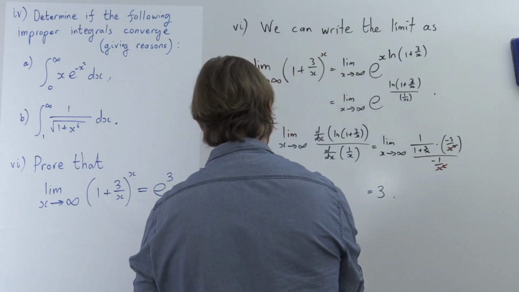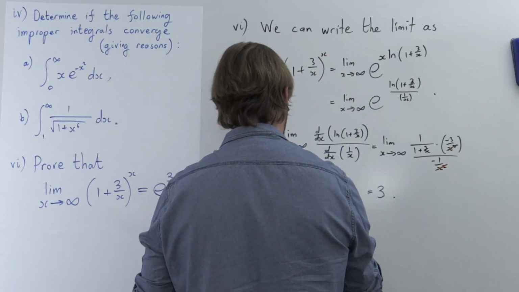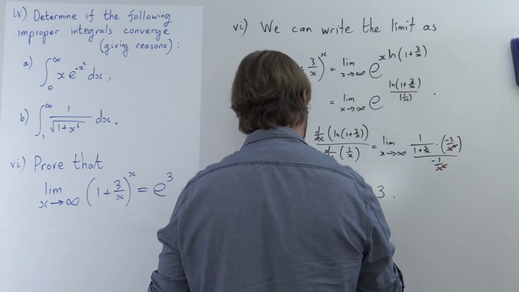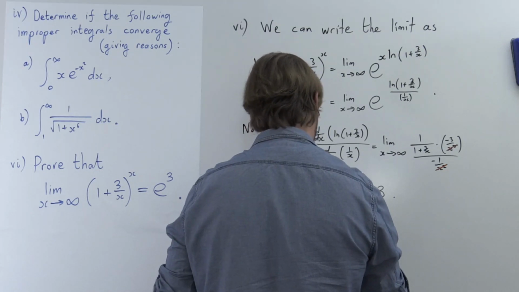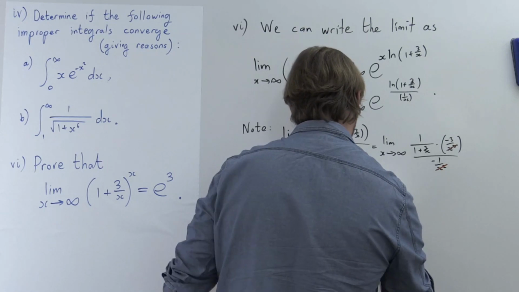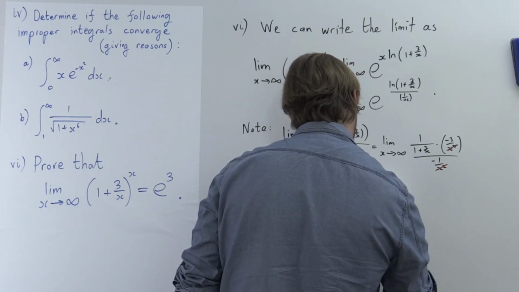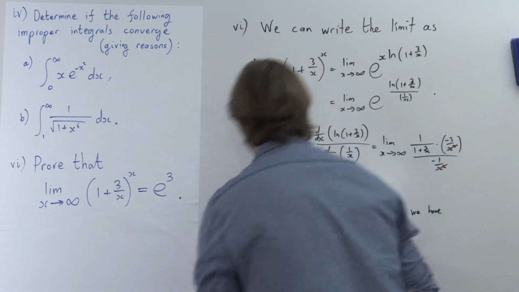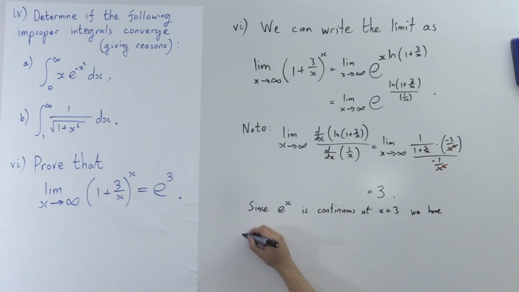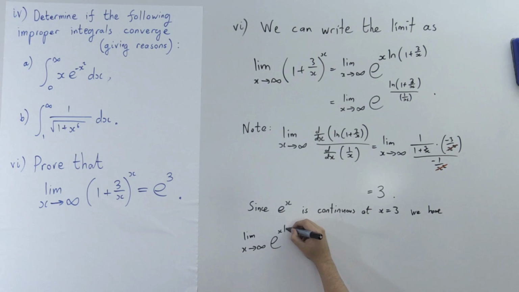Now, to be very precise, since e to the x is continuous at x equals 3, well, we have that this thing we were looking at, this limit as x goes to infinity of e to the x log 1 plus 3 over x.